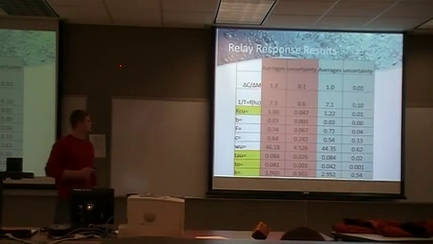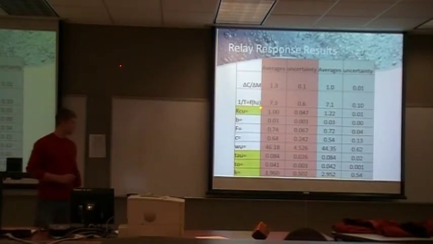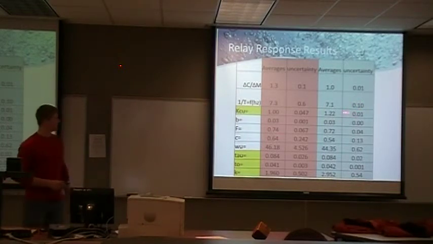The ratio between delta C and delta M is 1.3, with an uncertainty of 0.1. His was 1, with an uncertainty of 0.01. The frequency for this one is 77.3 hertz, with an uncertainty of 0.6. His was 7.1, with an uncertainty of 0.1. So far, they're very similar.